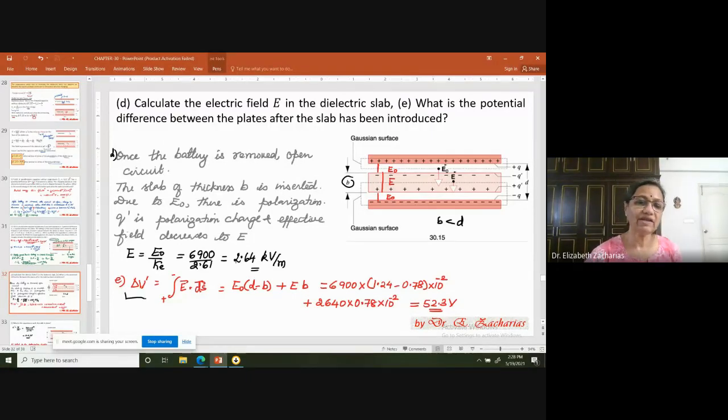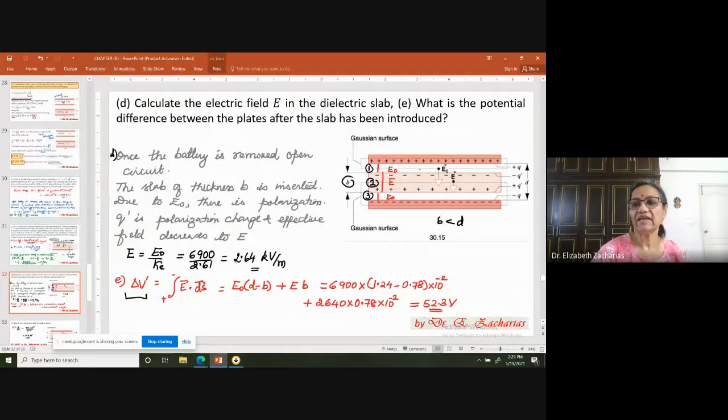How will you calculate that electric field? For doing that, you have to use the relationship between potential difference and electric field. And you have to look at this as three different regions. Region 1, region 2, region 3.